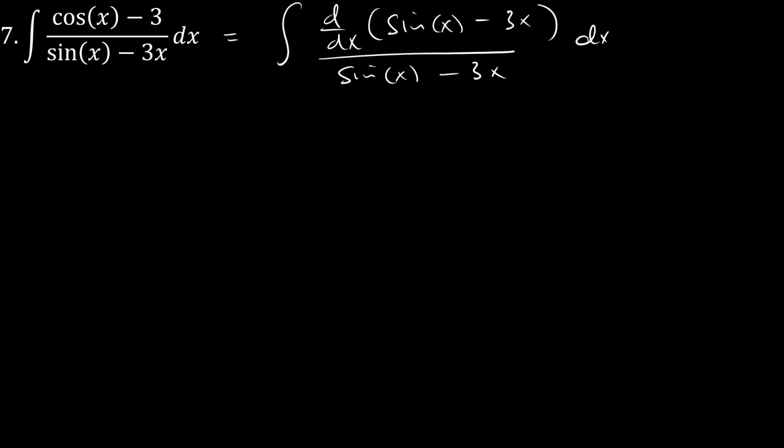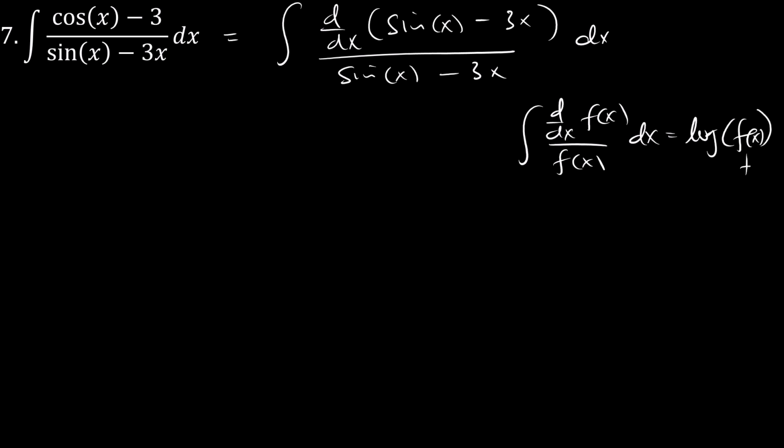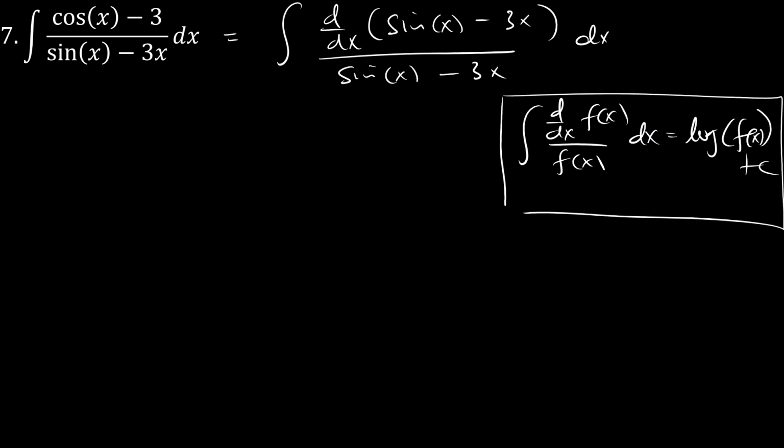And since we know that if you have the derivative of f of x over f of x and you integrate that, it's the same as natural logarithm of f of x plus c. So using this expression, our answer becomes natural logarithm of sine of x minus 3x plus the integration constant.